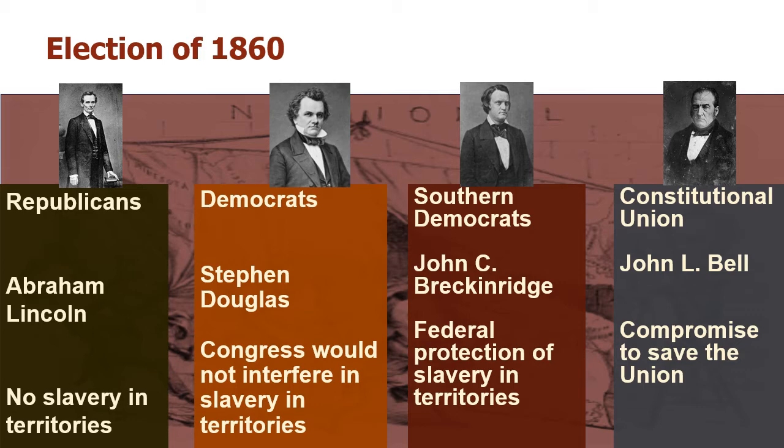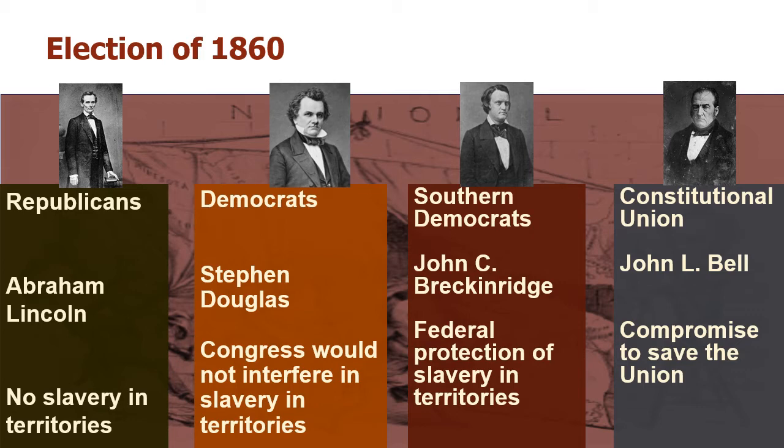He looks like he could make milk sour with his face. The platform of Constitutional Union is, please, let's not destroy our country over this. Let's compromise. Let's save our union. Let's just hug and deal with this and not tear our nation apart.